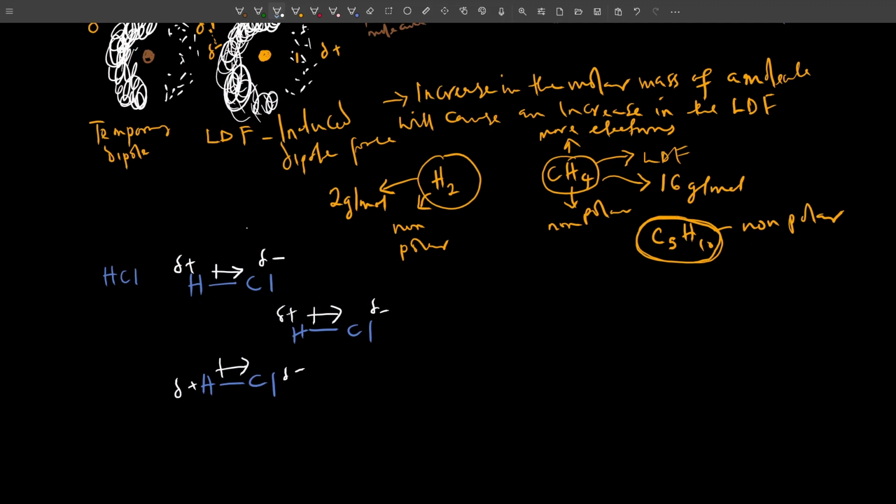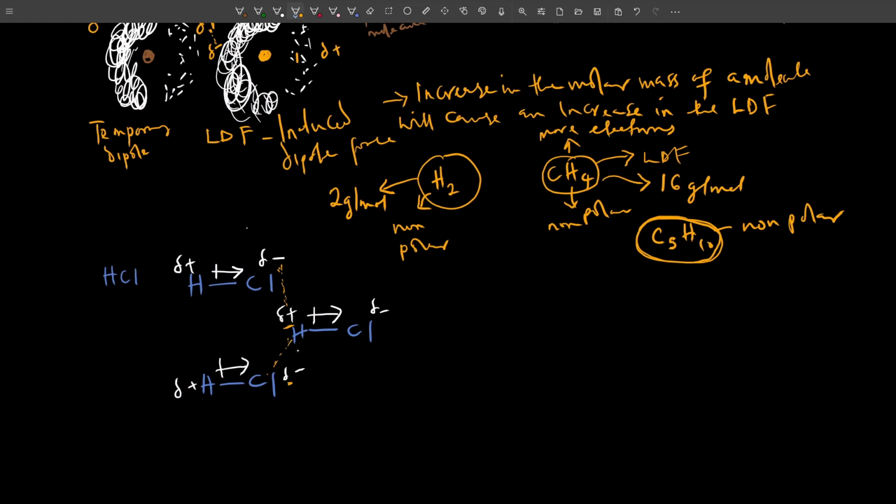The dipoles, I told you what dipoles are, these polar dipoles or bond dipoles, will now interact with each other. There'll be an attraction between this negative dipole and this positive dipole. Do you understand? There's also an attraction because negative and positive charges attract. There's also an attraction between this and this as well, because this is partially negative and this is partially positive.